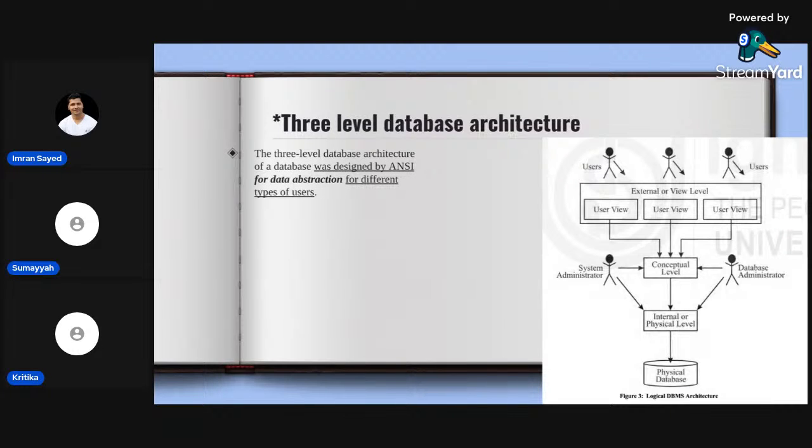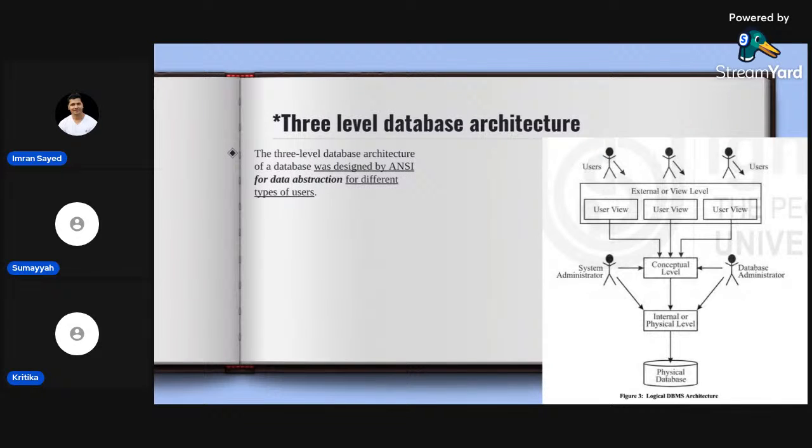The three-level database architecture was designed by ANSI for data abstraction for different types of users. The three levels are physical internal, conceptual or logical, and external or view level. Okay. Yes. Sumaya?